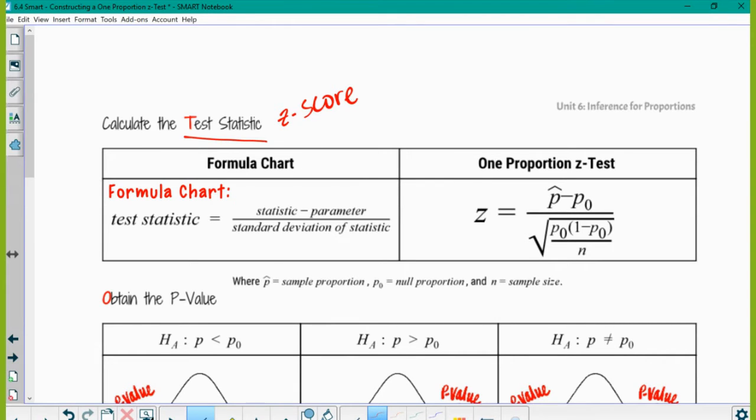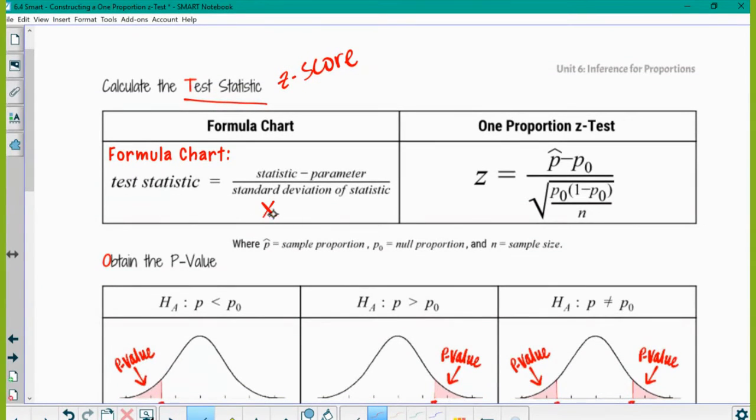So on your formula chart, it's written as test statistic equals statistic minus parameter all over standard deviation. Remember, the formula you generally see is x minus mu over standard deviation. And remember, the mean of proportions is equivalent to the population proportion, which in our case, we're going to use p naught, standard deviation, square root of p, 1 minus p, all over n. p hat is our sample statistic.